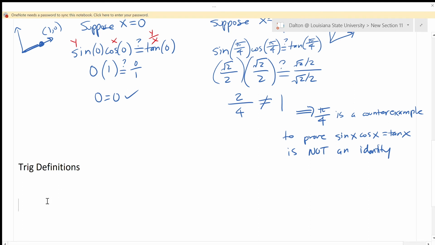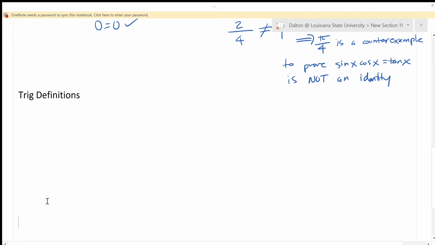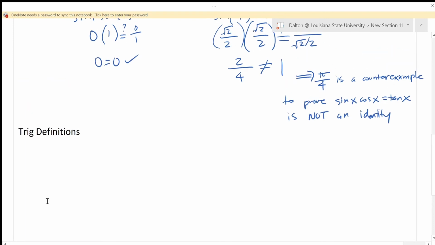Let's go ahead and define our trig functions. So we've been using this already through our notes, but just so things are clear, I want to define sine of theta, cosine of theta, and tangent of theta in the unit circle. So you guys have already told me that sine is found by doing, Zach said earlier, y over r, but again, you may assume that this is all unit circle stuff, so that's going to be y over 1.